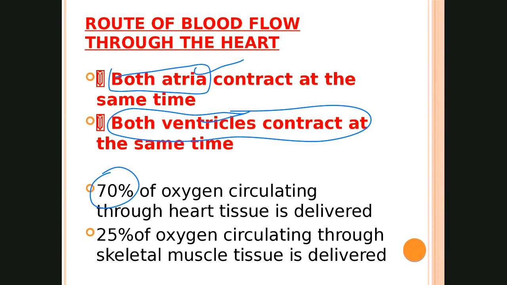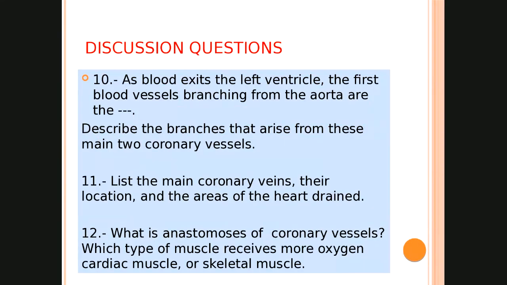Compare that to 25% of oxygen circulating through the systemic arteries that is delivered to skeletal muscle. So that tells you that cardiac muscle needs a lot more oxygen because it requires energy to constantly pump.